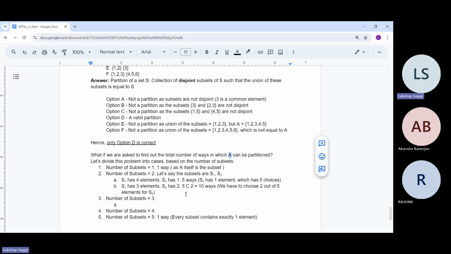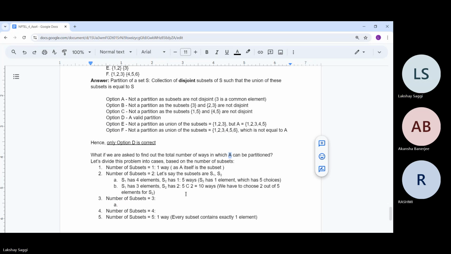So the first case will be something like: if the number of subsets is 3 and total elements is 4, then S1 can only have at max 2 elements. Because if S1 has 3, then S2 and S3 also need to have at least one element, right? All of these sets need to have at least one element. So then only S1 can have 2 elements.